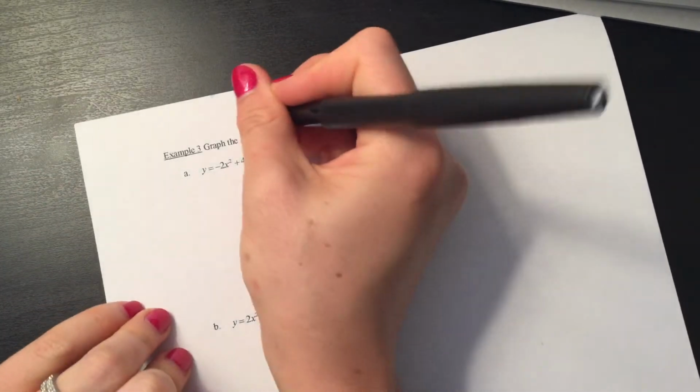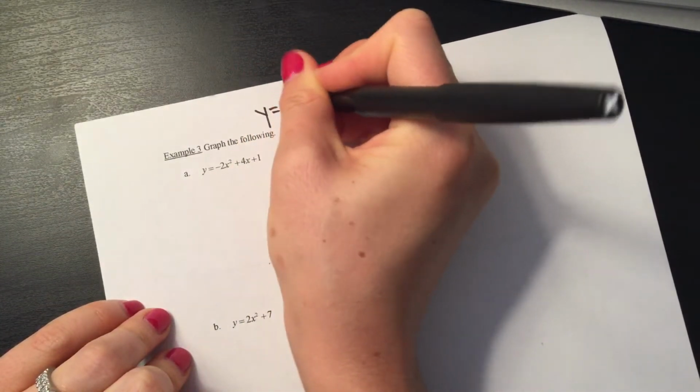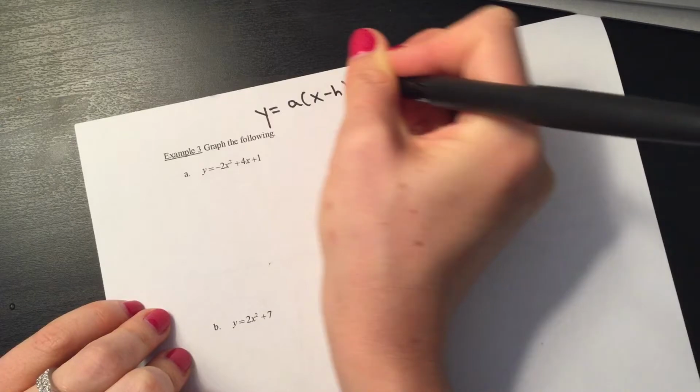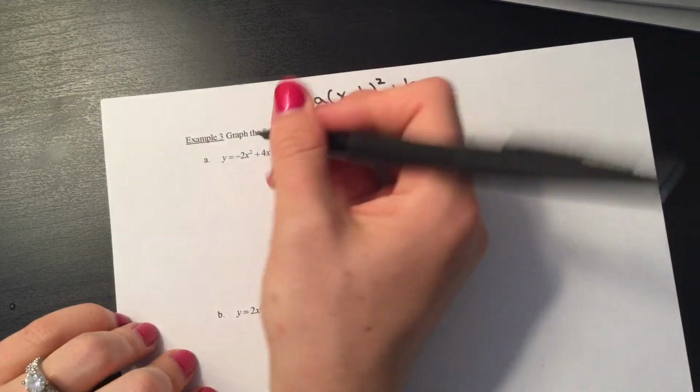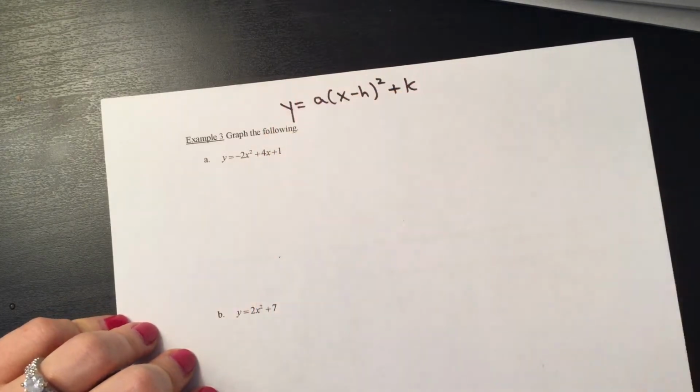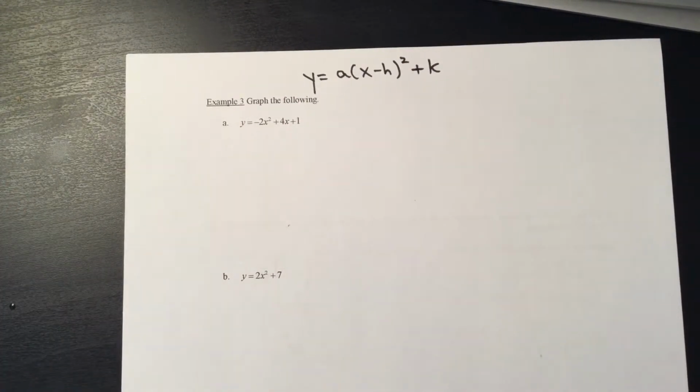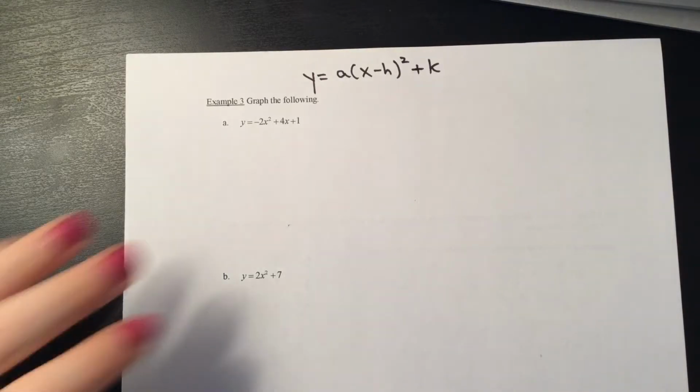Okay, so we've got 2 examples. First, what we're going to do is get them into that vertex form. So I want to write what that vertex form is, just so we have it on the screen in front of us. Okay, so this one is not in vertex form. Anytime you can see the linear term like that, it's not in vertex form. So we're going to complete the square and get it into vertex form. Okay, so that looks like this.